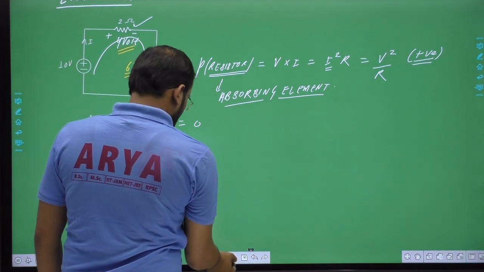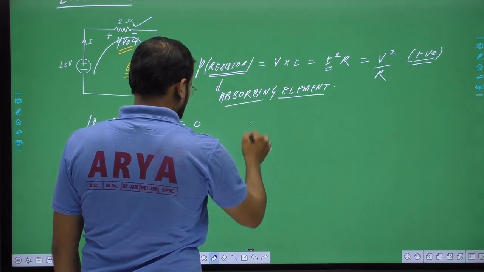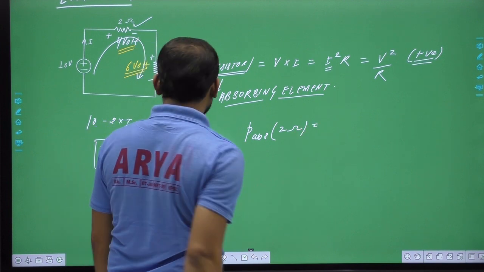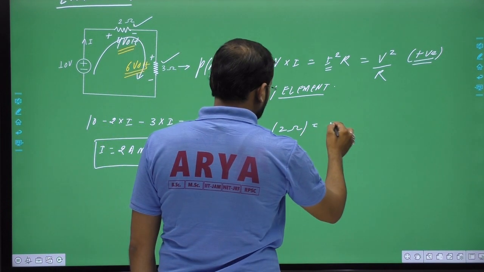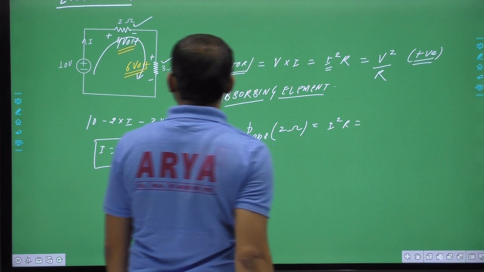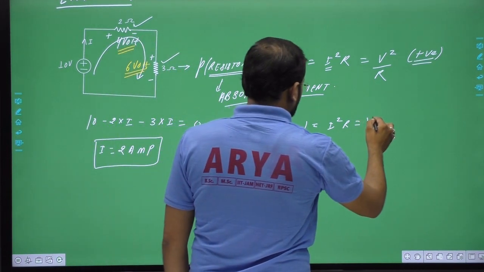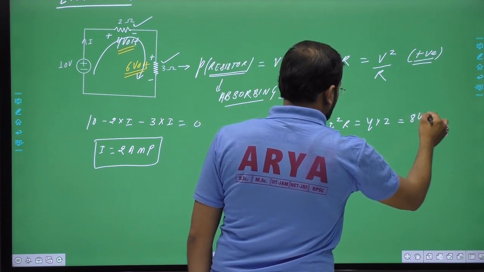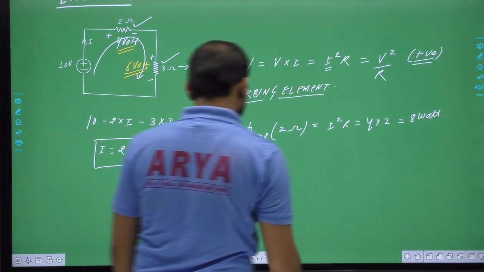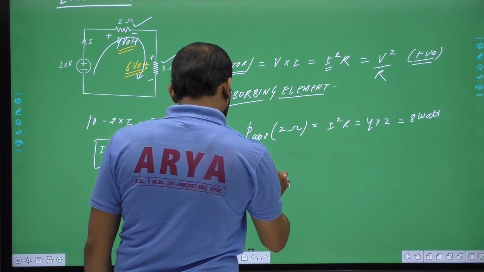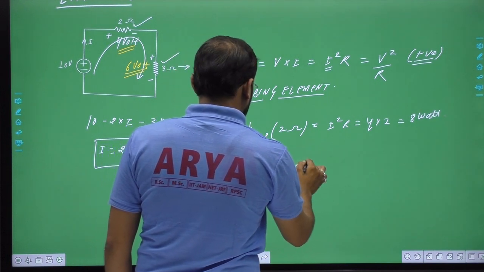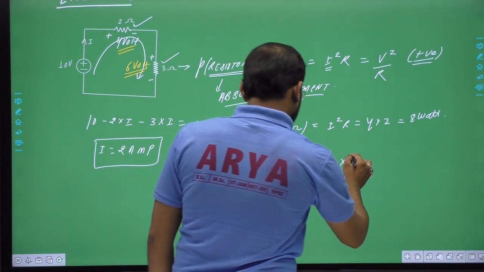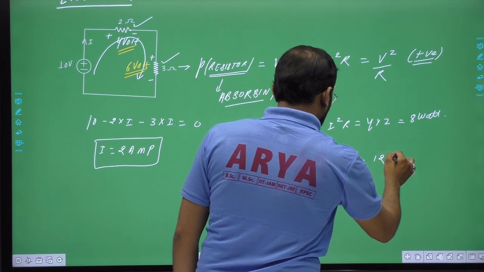So power absorbed across 2 ohm will be equal to I square R, 4 multiply with 2, 8 watt.